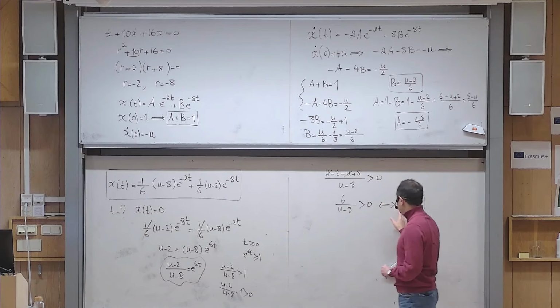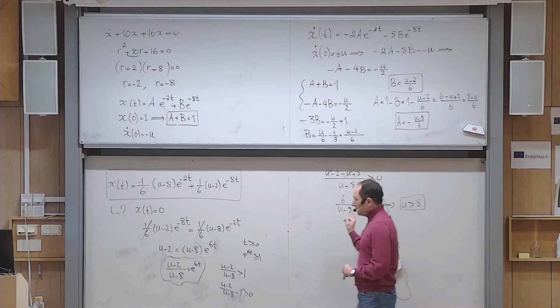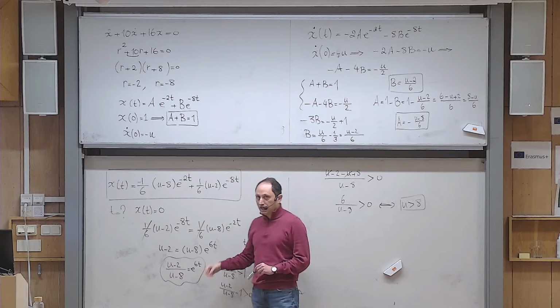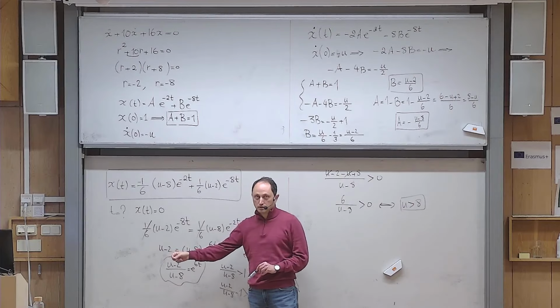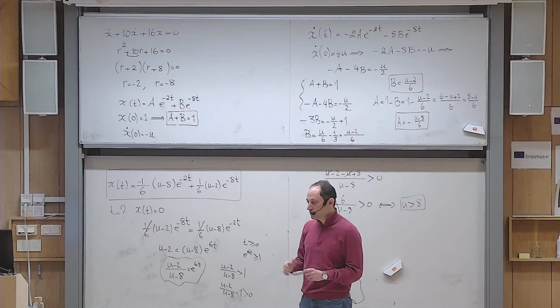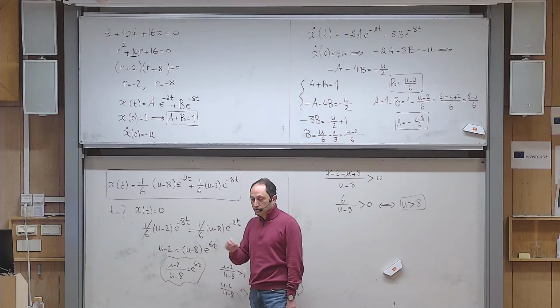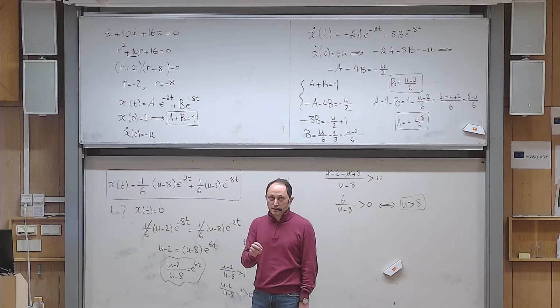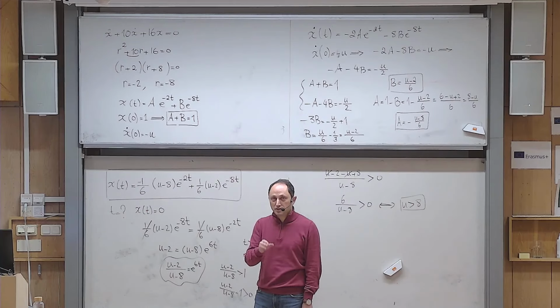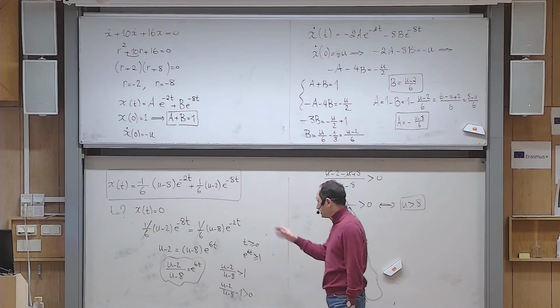Of course, it doesn't guarantee that it passes through the origin, because it guarantees that it can reach the origin. Okay, but because of the word pass, I should show somehow that at this particular time, the speed of the particle is still not zero. The velocity is still negative when the particle reaches the origin.